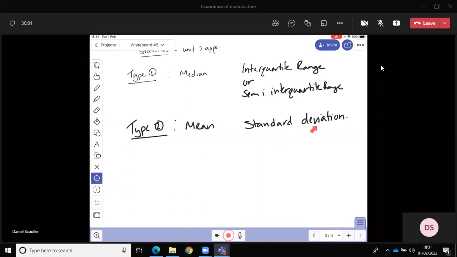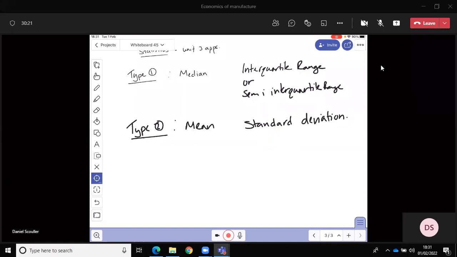This standard deviation uses what looks like quite a technical formula, but we'll break it down. Not a lot of people like it for that simple reason. But you're given the formula in the exam paper, and it's just a case of substituting in the right numbers.